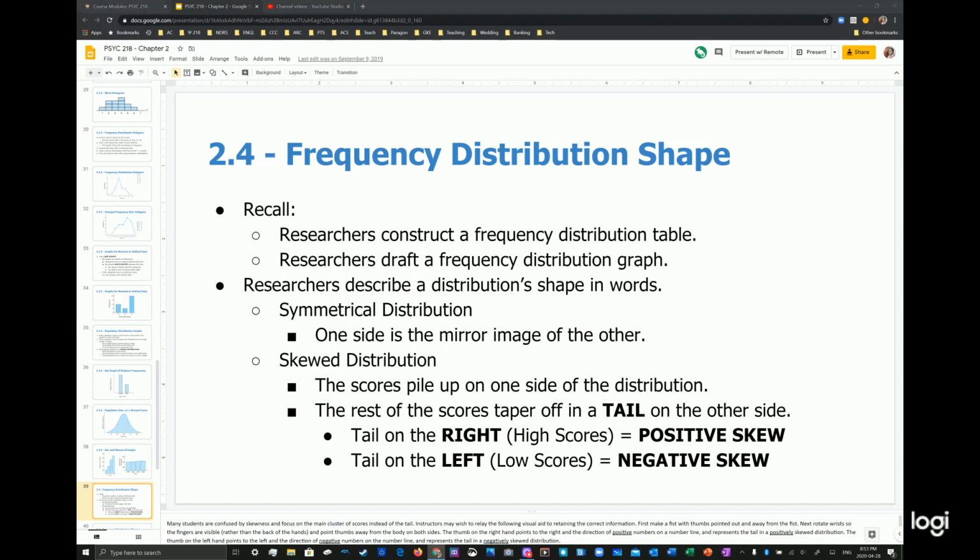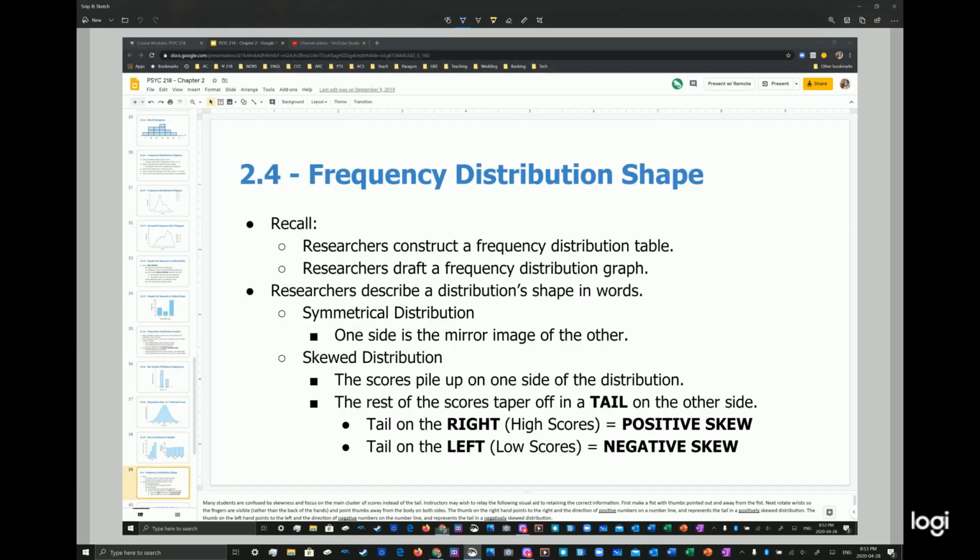So let's take a look at some of the notes here that would tell us how to describe them. Again, we make frequency distribution tables and we draw these graphs. And once we look at the data, whether it's the distribution table or a graph, you can start describing the shape. Of course, with graphs it's easier because it's a picture.